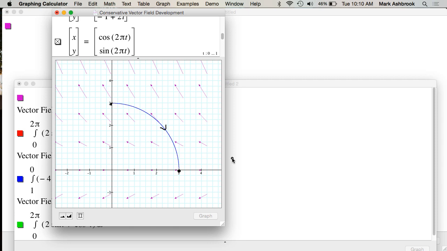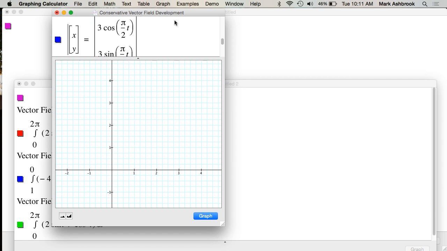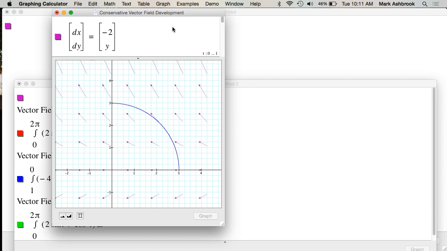You should see that the work done from starting point to... isn't it 0? I'm not doing a loop, right? So I'm starting at one point here at 0, 3, and I'm ending at 3, 0. So we'll call this C1.